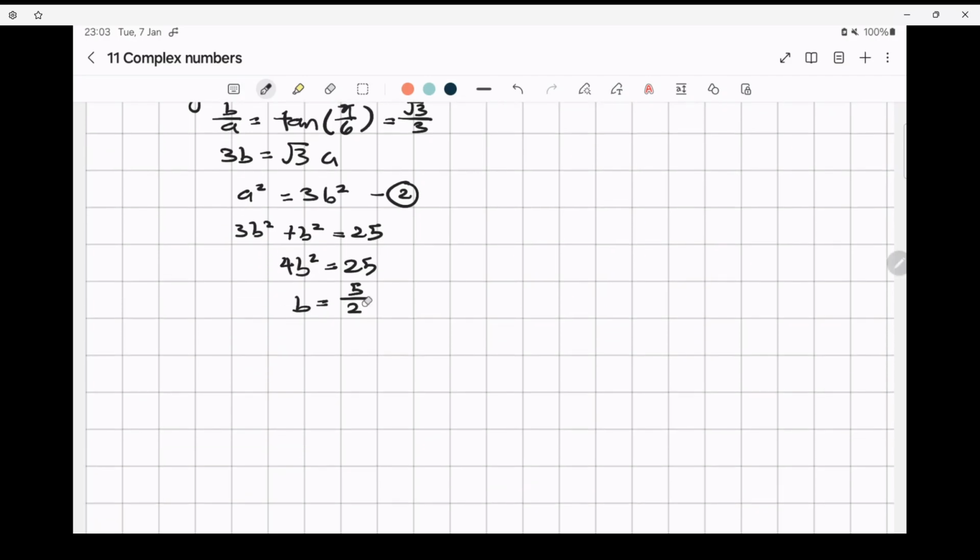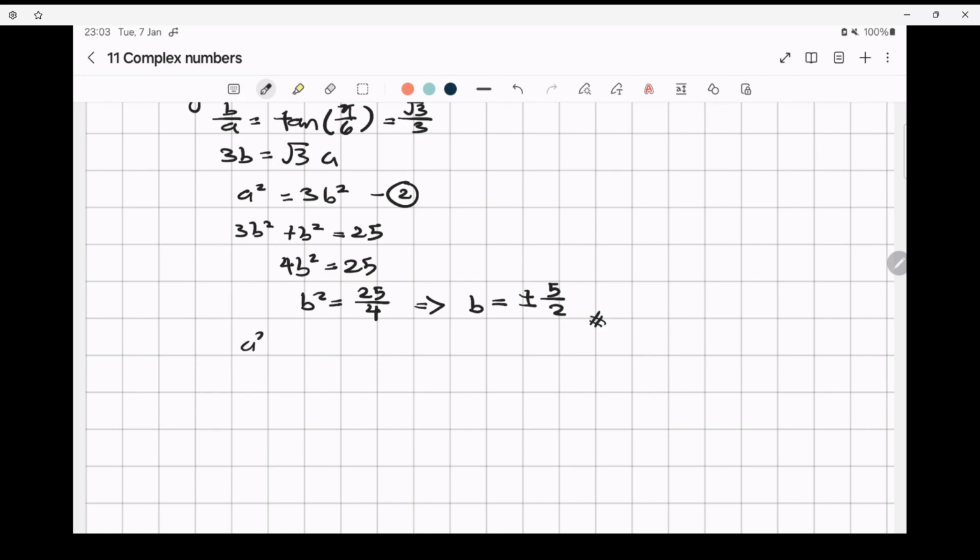So here's a question. Let me write down the steps more carefully. So b squared will be 25 over 4. And b, if you take the square root, it should be plus or minus 5 over 2, right? So let's take the plus or minus sign for the moment, and then substitute back into a.